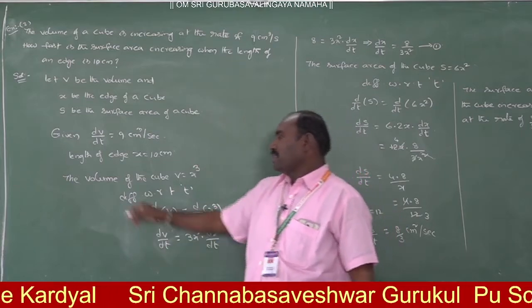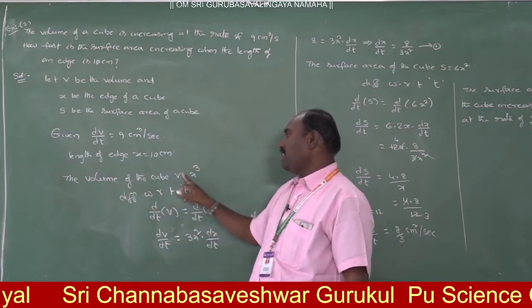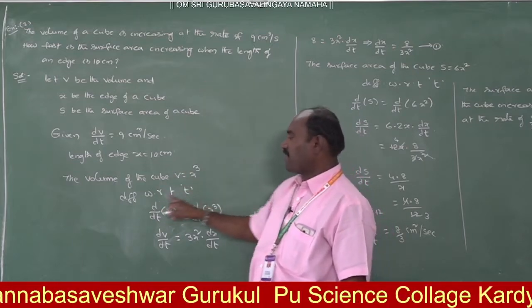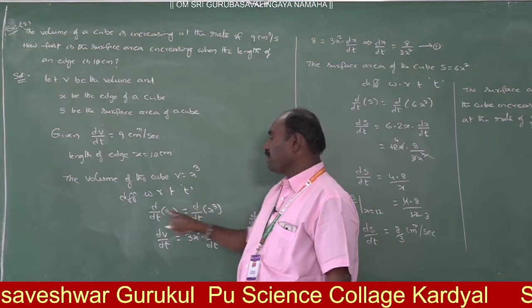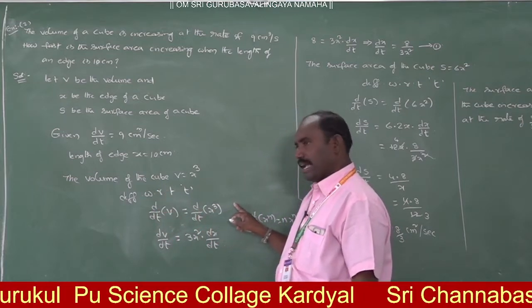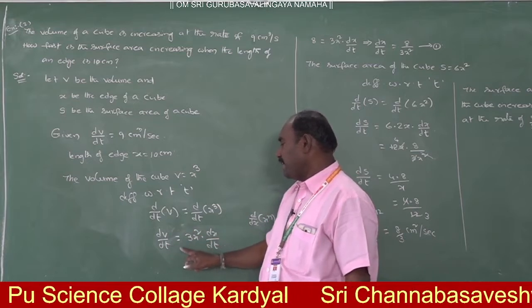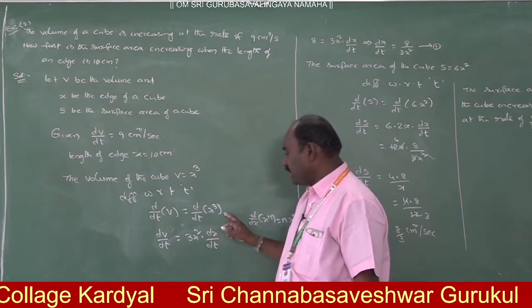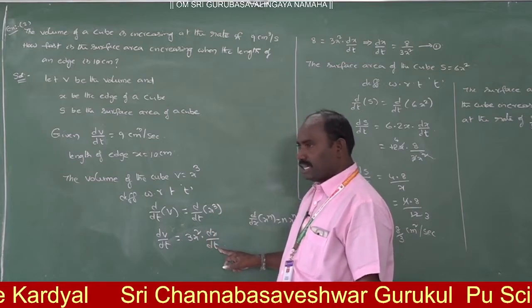Next, the volume of the cube V equals x cube. Differentiating with respect to t, d by dt of V equals d by dt of x cube. So dV by dt equals the differentiation of x cube, which is 3x square into dx by dt.